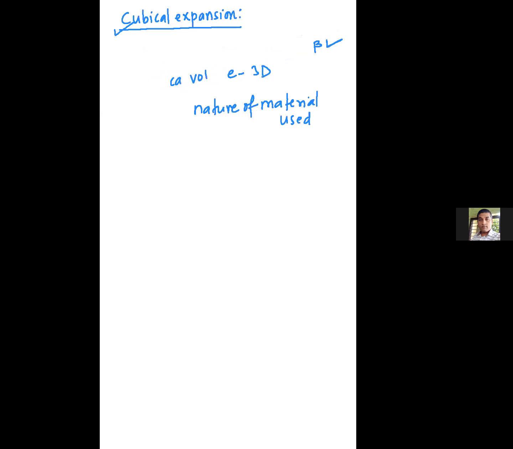Okay, let me clear this page only. Cubical expansion. Now, for cubical expansion, let us consider a solid. For example, I'm taking a solid, a three-dimensional figure. We have a solid having original volume V1 at temperature T1.